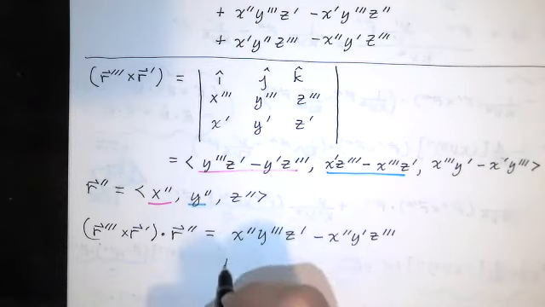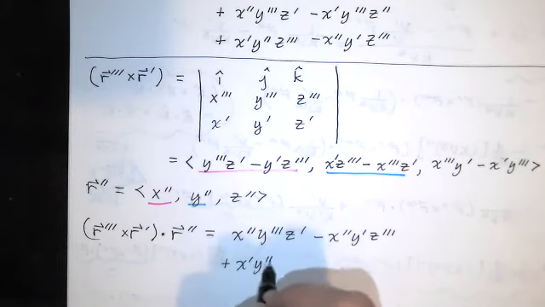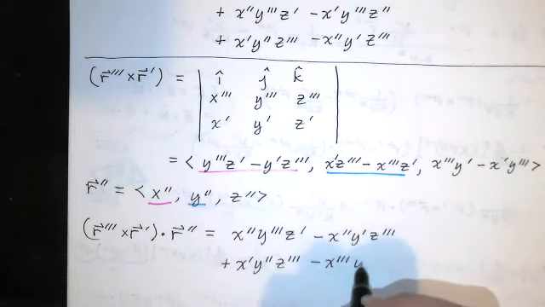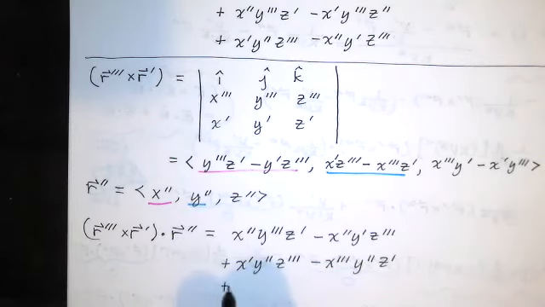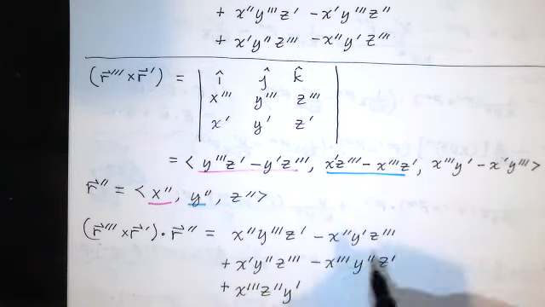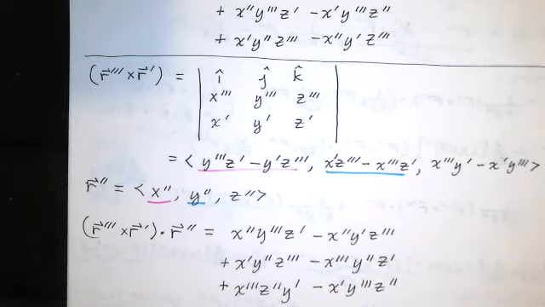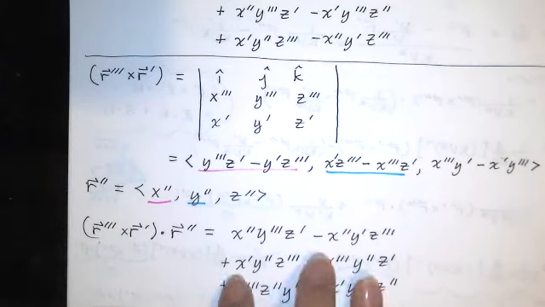So I end up with x prime, y double prime, z triple prime, minus x triple prime, y double prime, z prime. Last one, this times this. Oops, I didn't write it in the order I usually like to write it in. That's okay though. We know multiplication is commutative, so we can still check. All right, so that's this.